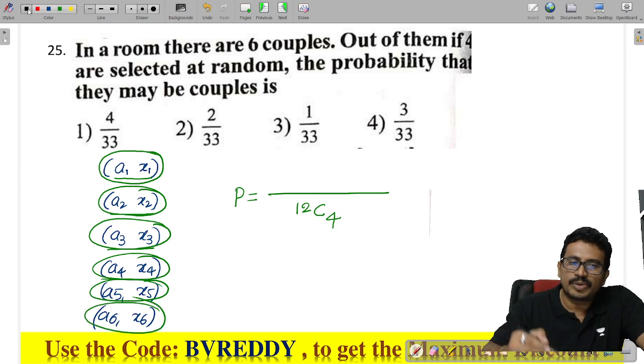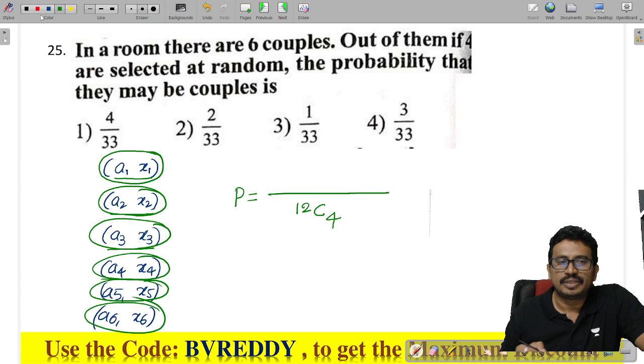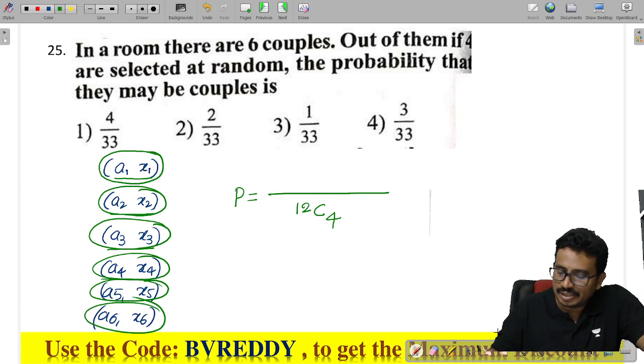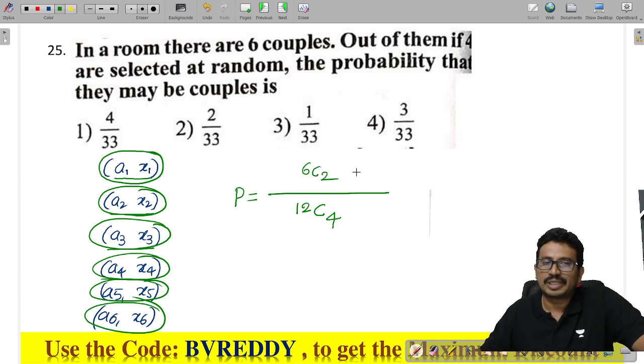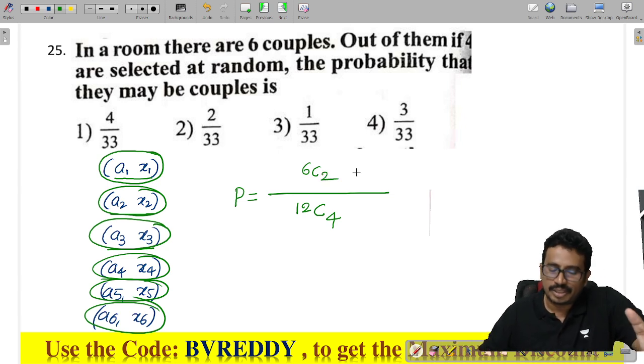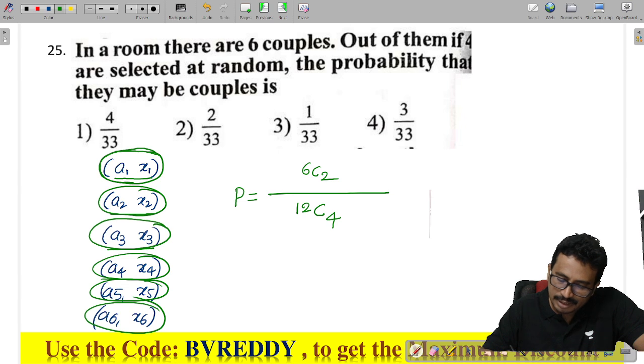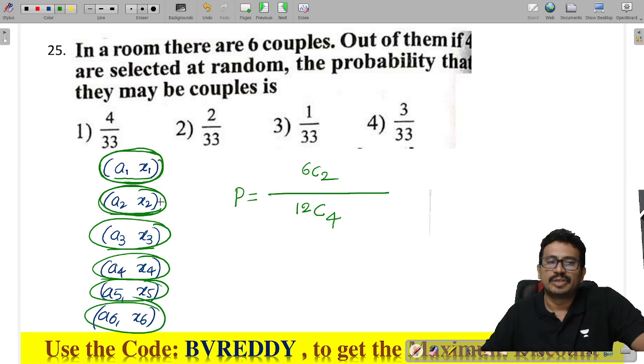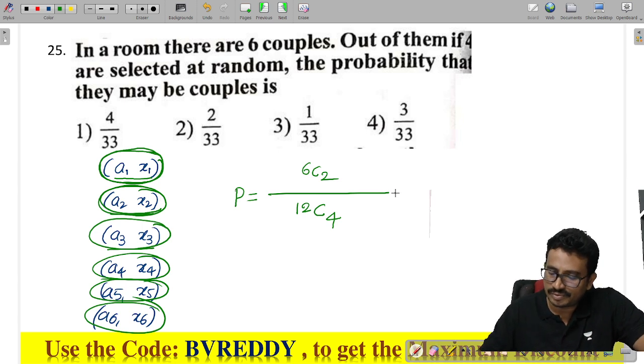From the 6 groups, how many do I need to select? I need to select 2. If I select a complete group, that means 2 numbers selected, and another complete group, another 2 numbers. Group-wise we have selected 6C2 by 12C4.